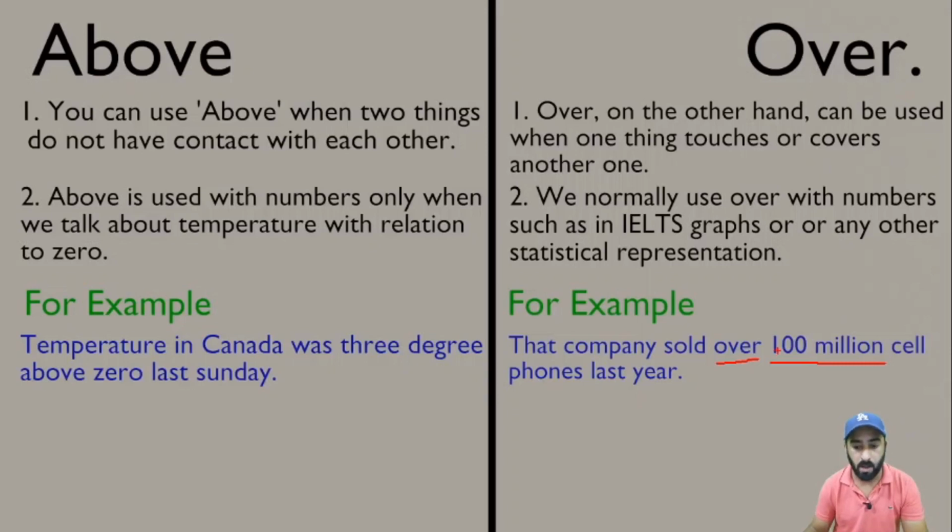So I hope you have understood the main differences between above and over, and if you follow them and use them practically in your language before going to the examination hall, I guarantee your language will be more precise than before. Thank you.